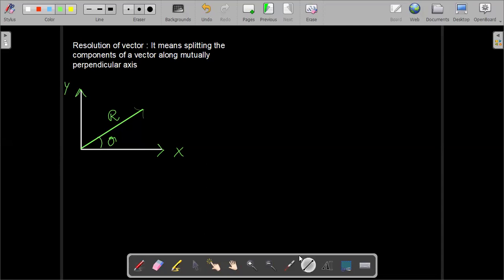If I construct a right angle triangle, the x component will be equal to the length OA, and the y component will be equal to AB. I can write R squared equal to OA squared plus AB squared, right?